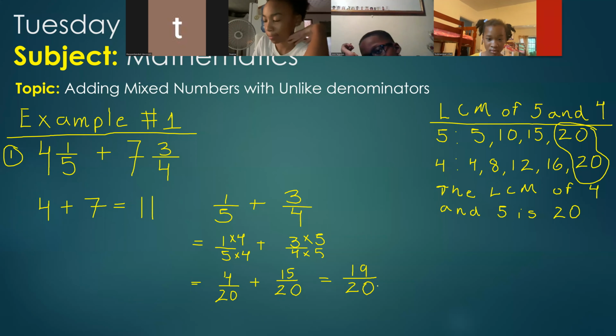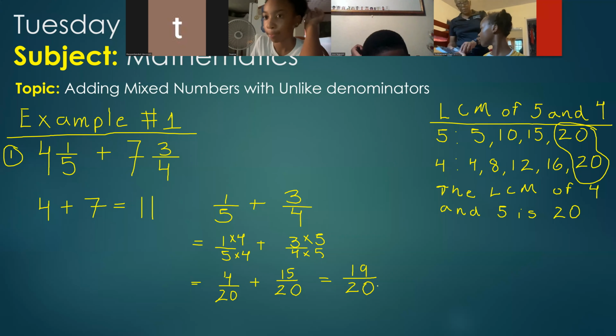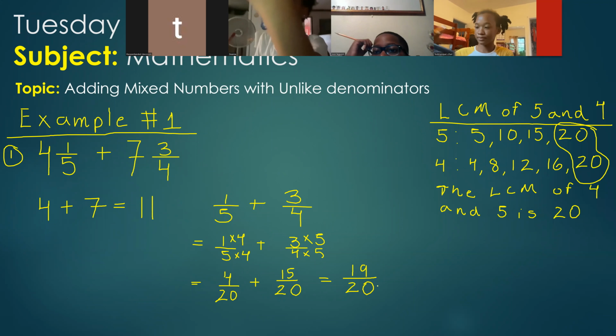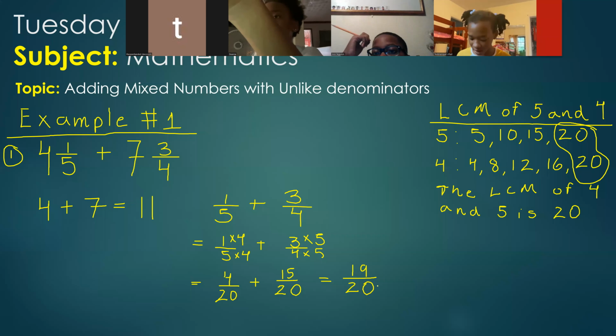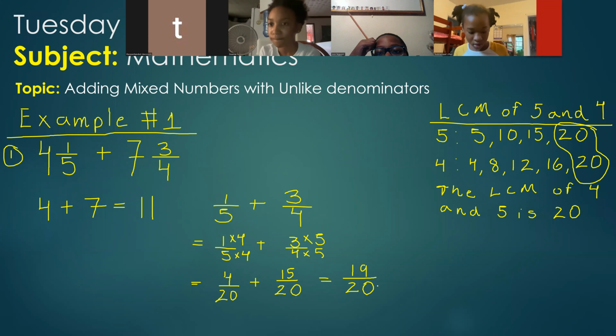So when we add the fractions together, we get what? 19 over 20. Now, what is our final answer?